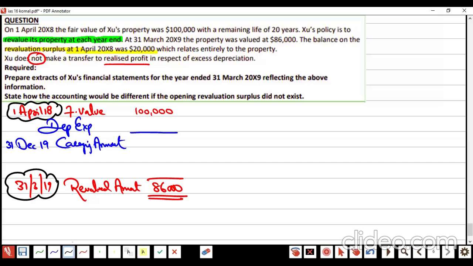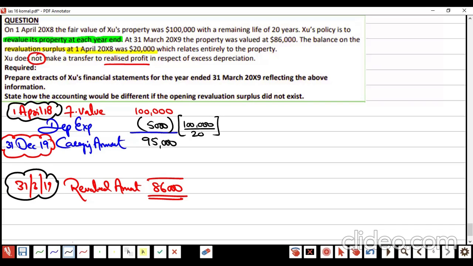So can you tell me how to calculate the depreciation? 100,000 divided by 20. 5,000. And it's now 90. Now you can ask me, sir, is it good or is it bad?